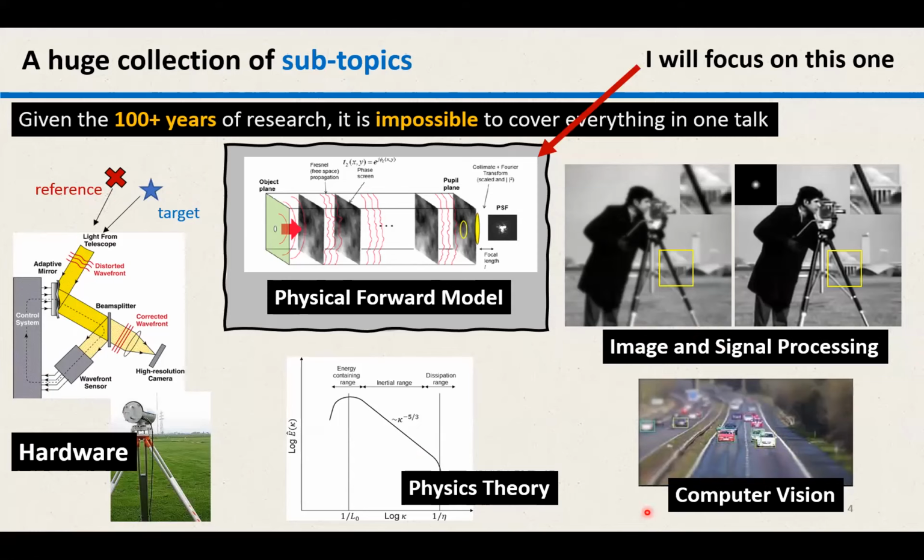Of course, to many people in this room, we are mostly interested in image and signal processing as well as computer vision applications. But what I want to do is take a step backward and ask, what would be the physical forward model, which is a very important piece of information that we will need in order to do the image processing. So I will focus on this part for today.